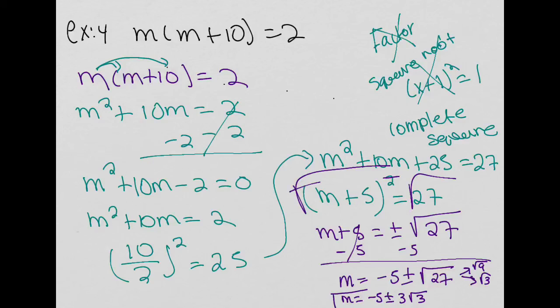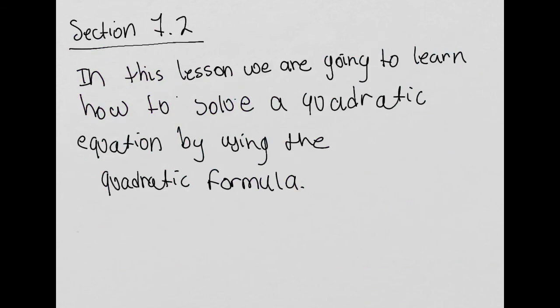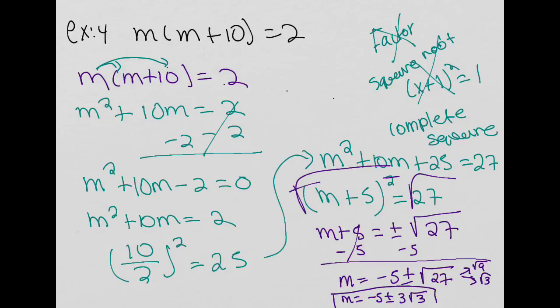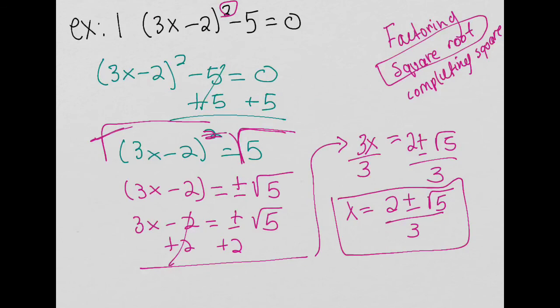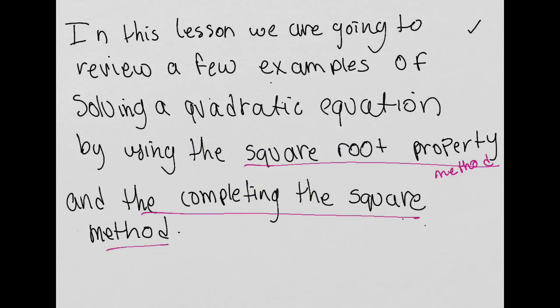It's more simplified, but you can still do more after that. Let's see if we have another example. No, that's it. So these are the review examples covering a little bit of factoring, using the square root method to solve quadratics, and completing the square.